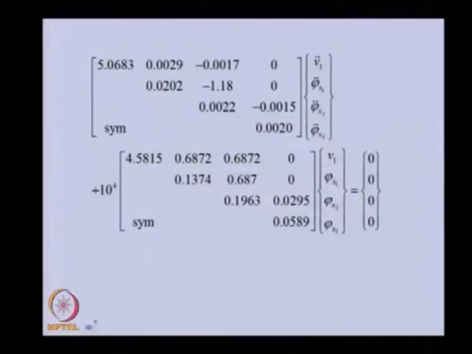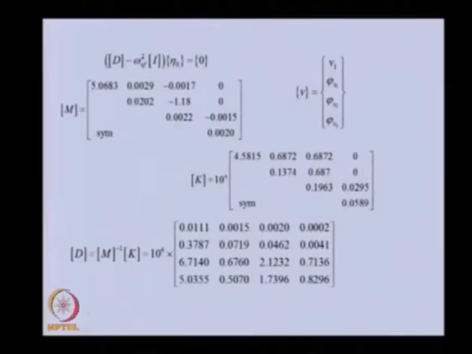So this is the reduced form. This vector will be 4 into 1 because we have eliminated 2 variables. Here the 4 into 4 size will be there, this is also 4 by 4. Now this is ready for the eigenvalue problem solution.